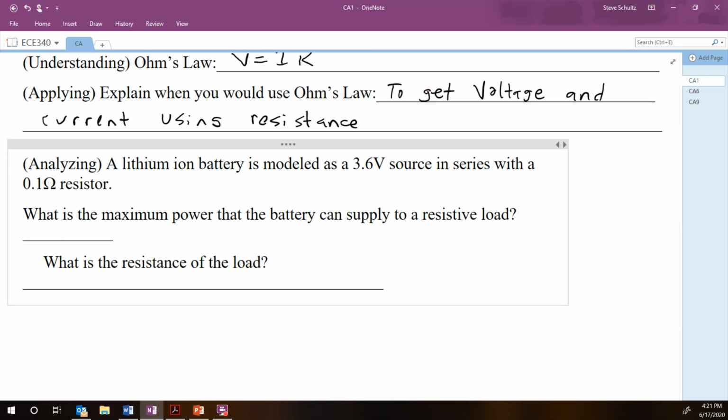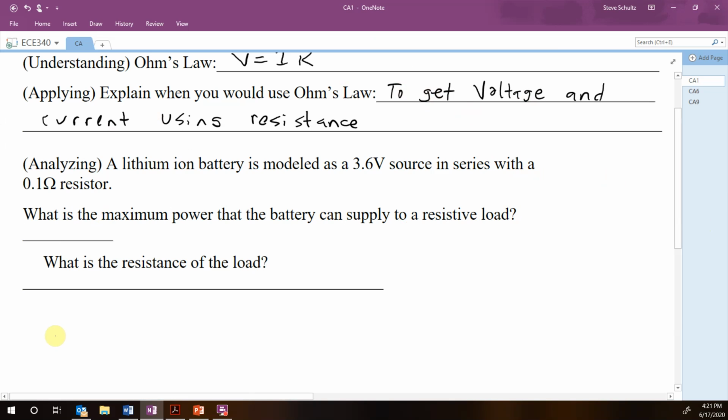Here we come in, let's draw what we have. We have a 3.6 volt battery. We have a 0.1 ohm resistor right here. And the question is, how much power can it provide?